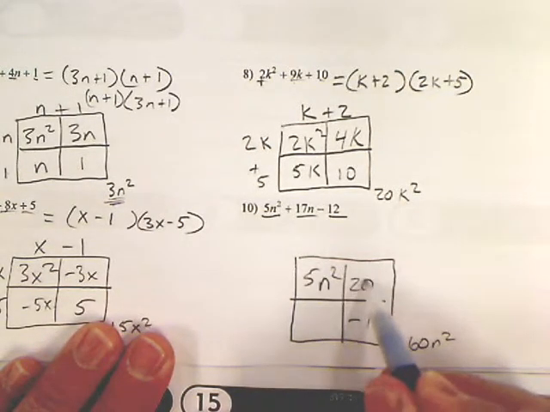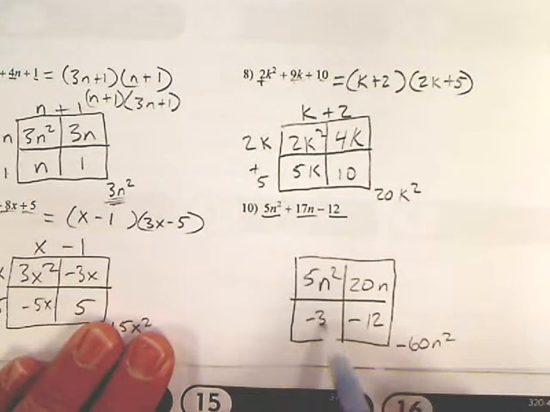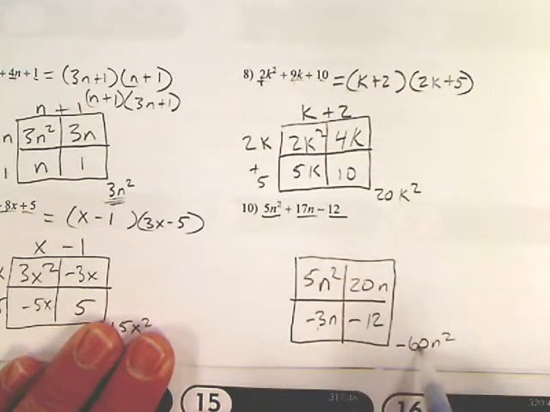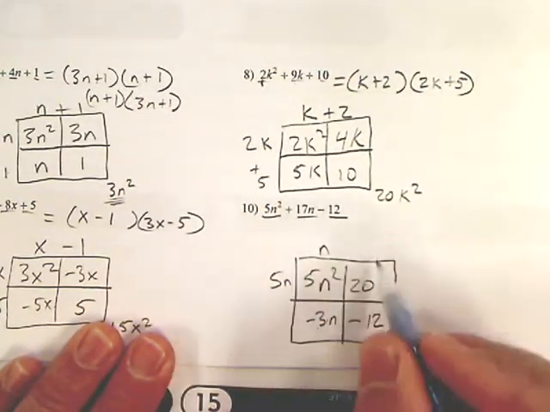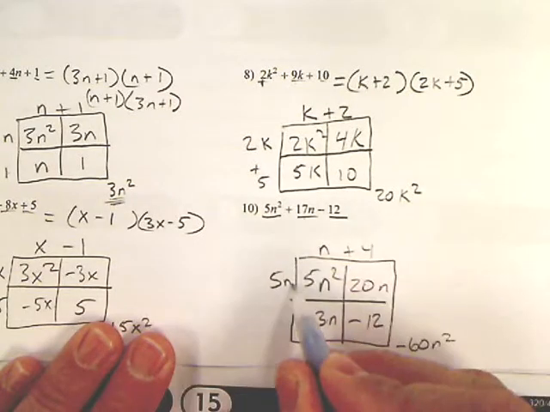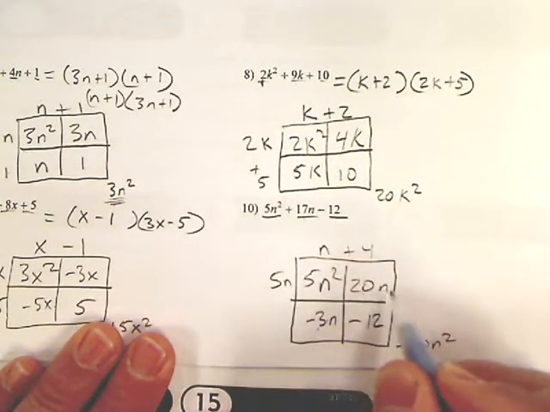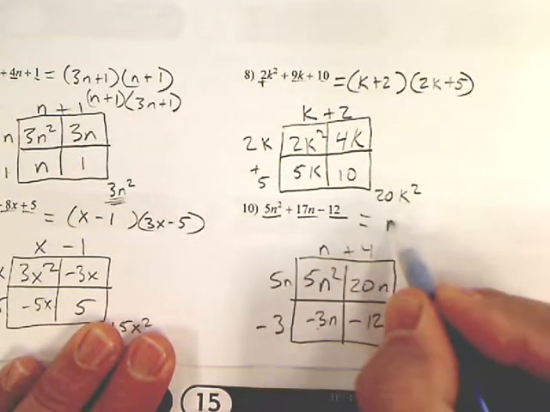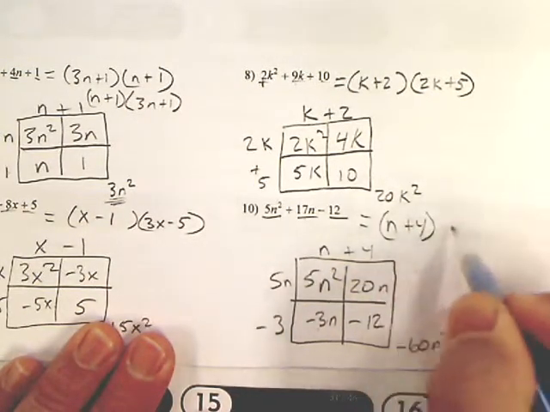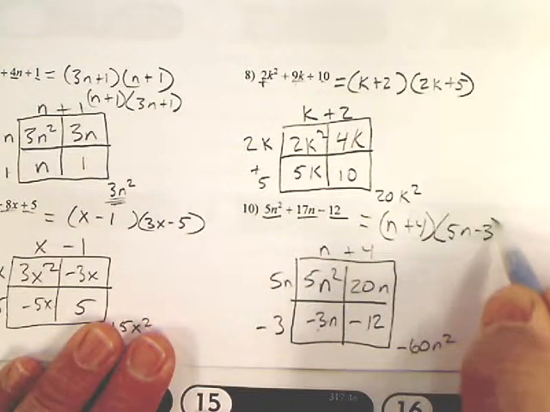So 20n and negative 3n, those multiply together to be negative 60 and they add together to be 17n. So that's plus 4 because 5n times 4 is 20n. n times negative 3 gives me negative 3n. n plus 4, 5n minus 3.